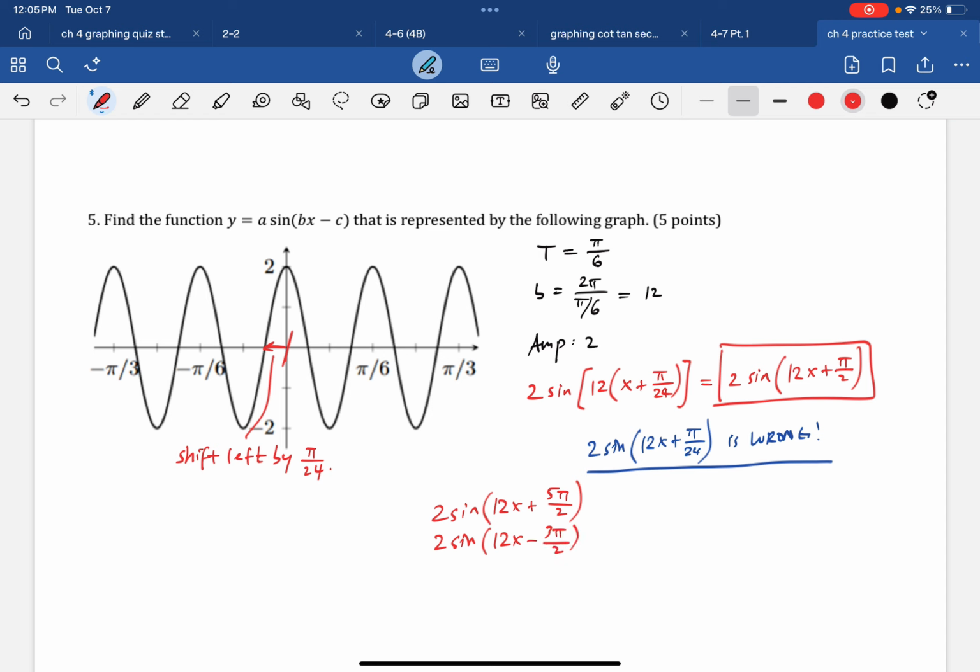And of course, these simply exist because of the 2 pi period of the sine function. Some other answers that would have been accepted, which you can find for yourself, are negative 2 times sine of 12x minus pi over 2, or negative sine 12x plus 3 pi over 2. All of these would have also been correct.